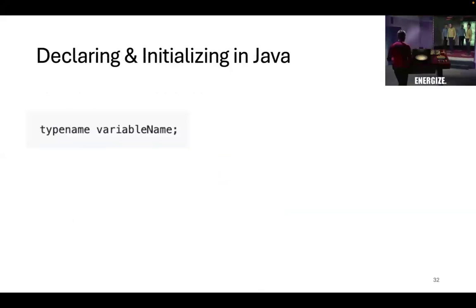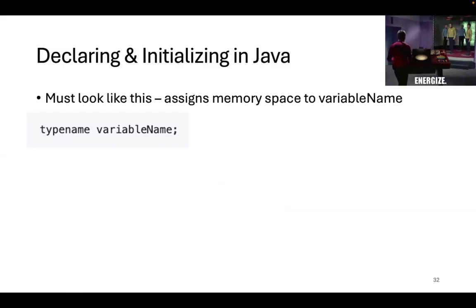Moreover, we need to declare, to say, I have a variable and I need to tell you what kind of variable it will be. What kind of information will it hold? And the way we do that is we need to say, here's the type name and here's the variable name.